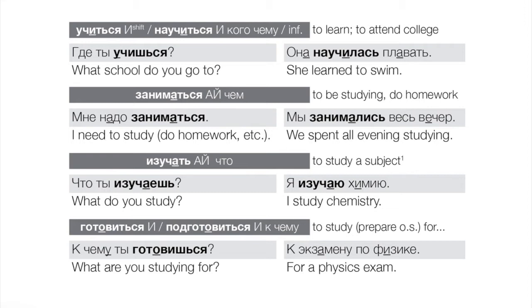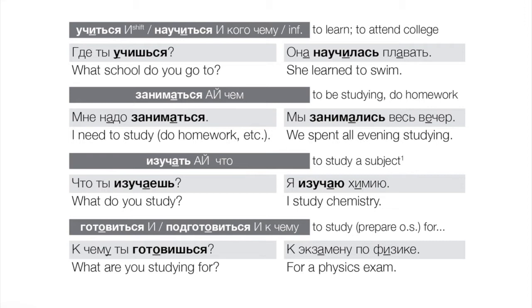Now, if you want to mention studying a particular subject, like what we're studying in school, what our major is, we would use изучать. Изучать needs a direct object, что there, which shows us the direct object is in the accusative. For example, что ты изучаешь? What do you study? Я изучаю химию. I'm studying chemistry, and the subject is in the accusative there. Finally, готовиться literally means to prepare oneself or to be prepared.